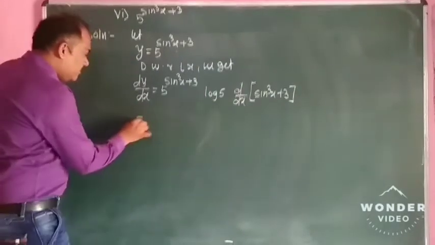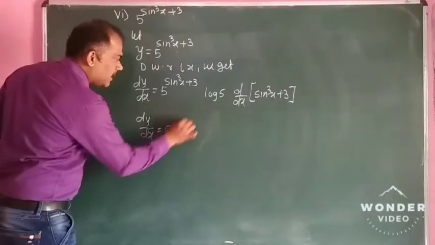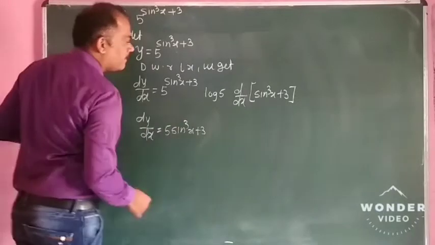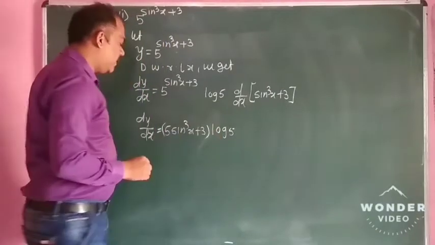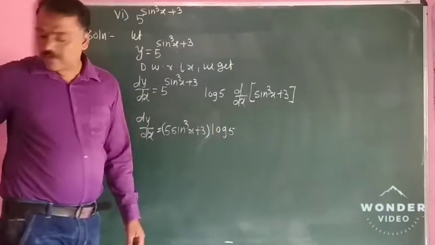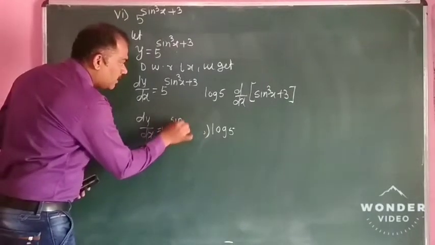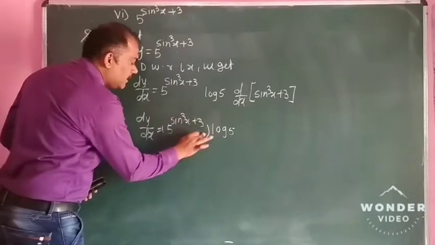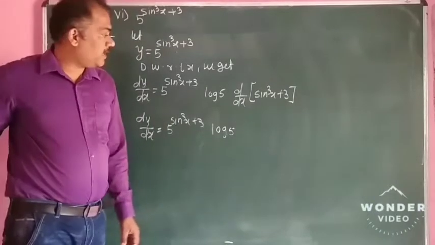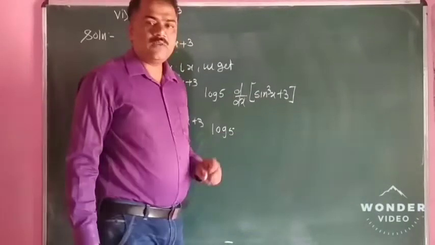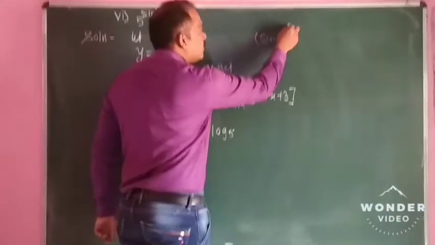That is dy by dx is equal to 5 raised to sine cube x plus 3 into log of 5. Now we have to take the derivative of sine cube x. How do we write sine cube x? Like this, sine x bracket cube.